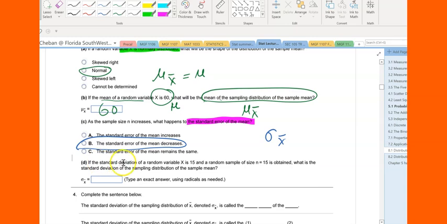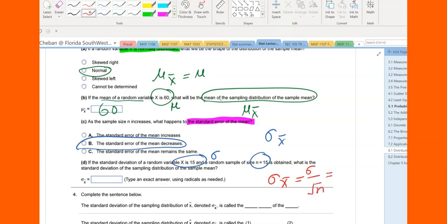Part D. If the standard deviation of the random variable x is 15, now here sigma equals 15, and a random sample of size n equals 15 is obtained, what is the standard deviation of the sampling distribution of the sample mean? Therefore you are looking for sigma x bar, and the formula is sigma x bar equals sigma over square root of n.